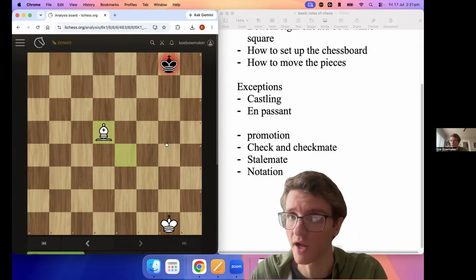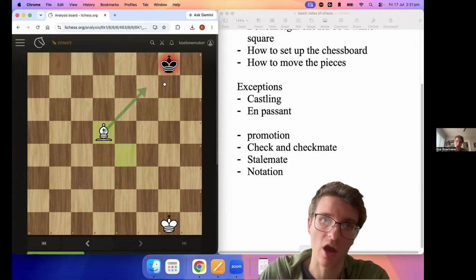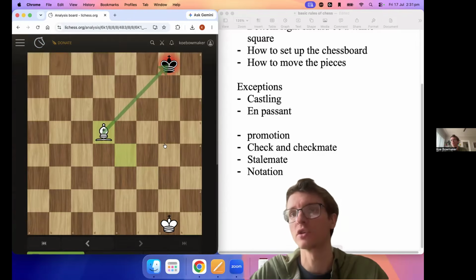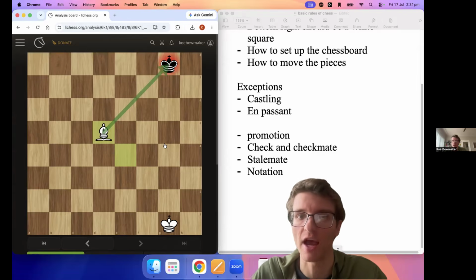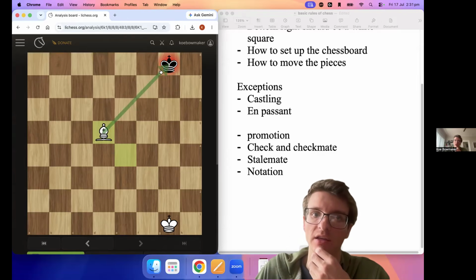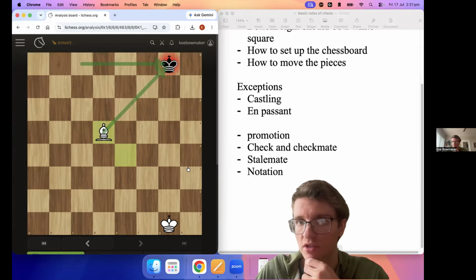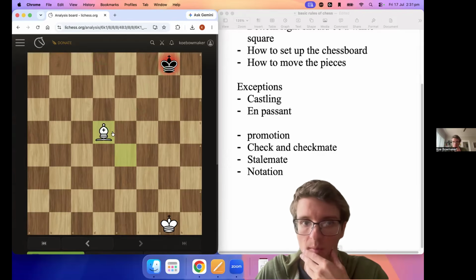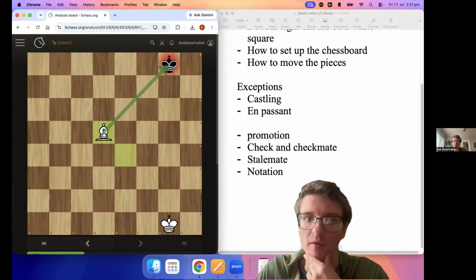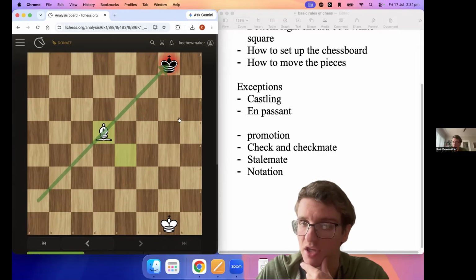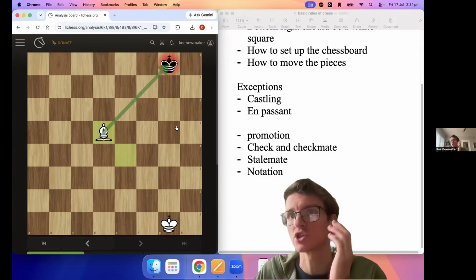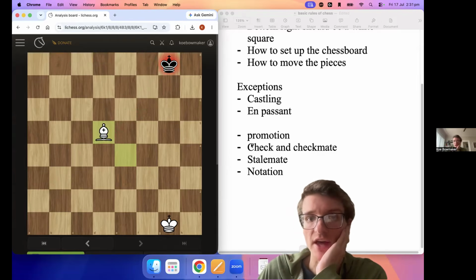Okay, so there's many different ways to check, and it all depends on how the piece moves. As we know, bishops move diagonally, so a bishop could never check horizontally because that's not how it moves. So if a bishop is diagonally aligned with a king and nothing is blocking that diagonal, then that's what we call a check. Okay, so that's check.